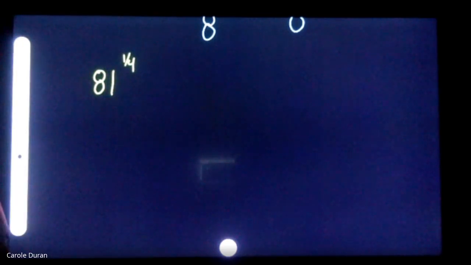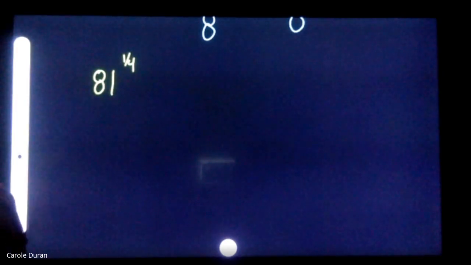I want 81 to the 1/4 power. How would I rewrite this as a radical? Stephen.